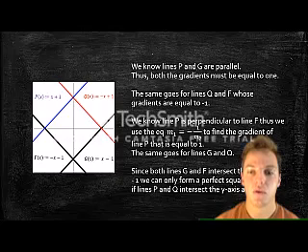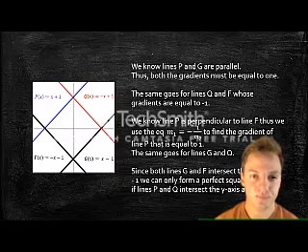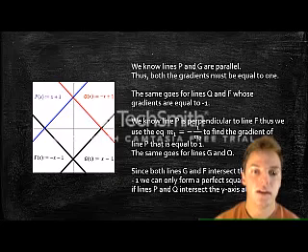The same goes for lines g and q. Since both lines g and f intersect the y-axis at minus 1, we can only form a perfect square if and only if the lines p(x) and q(x) intersect the y-axis at plus 1. So that is why q(x) has a gradient of minus 1 and its y-intercept is plus 1. And p(x) has a gradient of 1 and its y-intercept is plus 1.